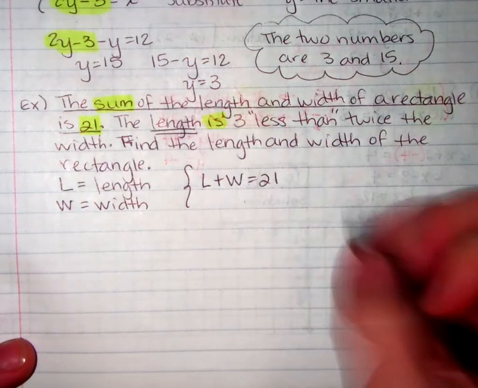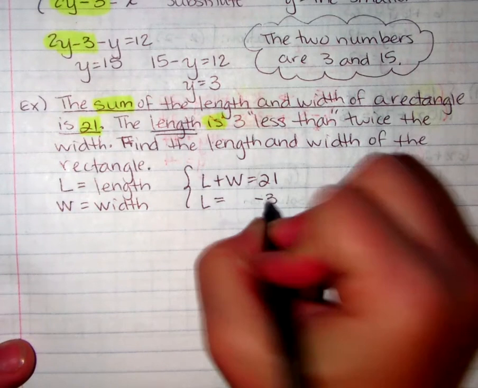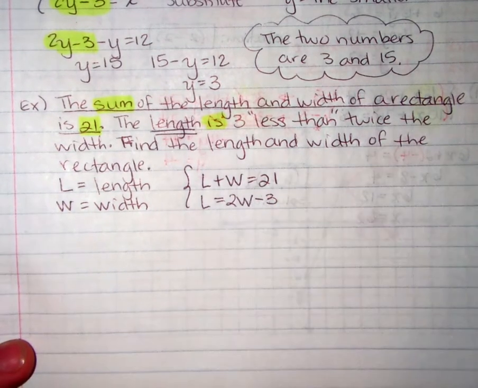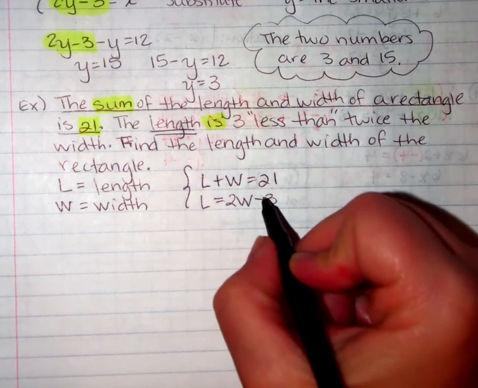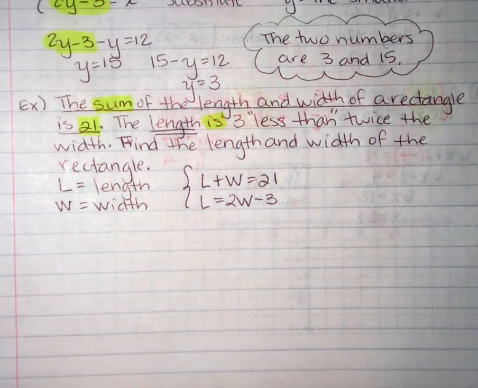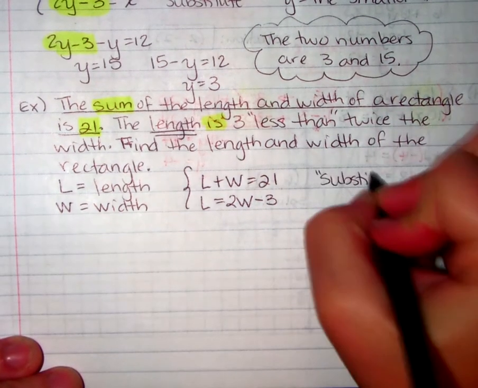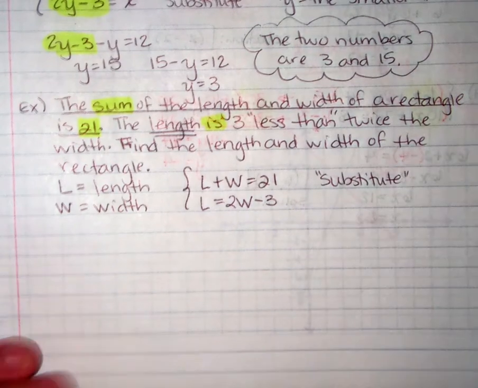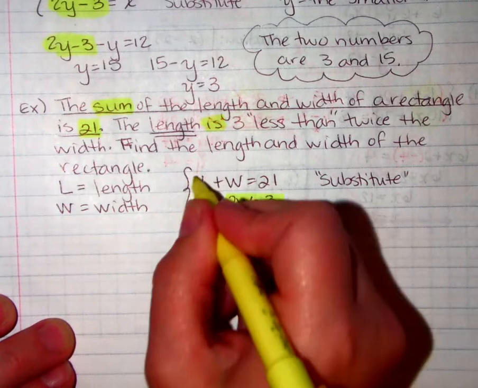And so again I'm going to translate that. The length is 3 less than twice the width. Sometimes when you're dealing with less than and more than, it's a little bit easier to write the plus or minus first and then translate what's happening on the left. And this is going to be using the substitution method, because it already says an expression for L. Then I can substitute.